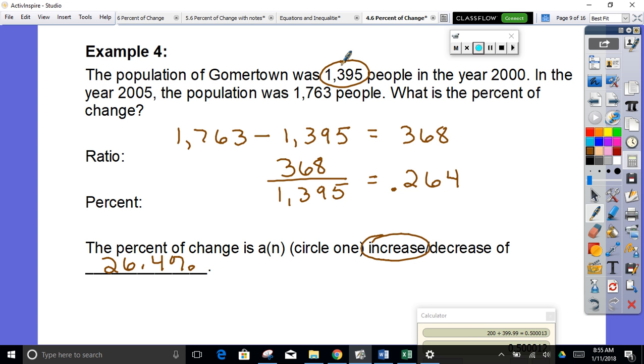In 2005, the population was 1,763. 2000 happened before 2005, right? Yes. So this is the start. Now, if you did it the other way and you did it backwards, you would have gotten a negative answer, right? Which would imply, you guys can take your break if you want, it would imply that it was a decrease and not an increase. So that's where that becomes important.